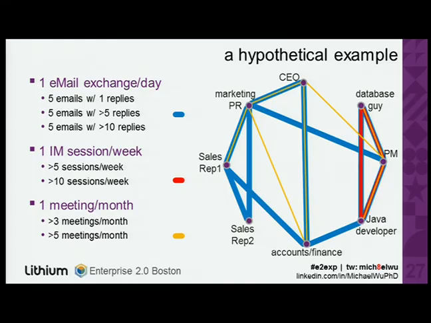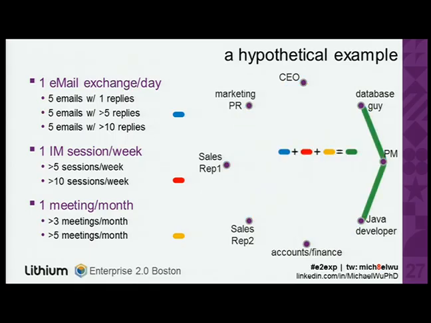Because these are the only 3 people who have the blue, red, and yellow graph connecting them, right? Basically, take the blue, red, and yellow, and put them together, you get the green graph, right? And that's what I mean by collaboration.